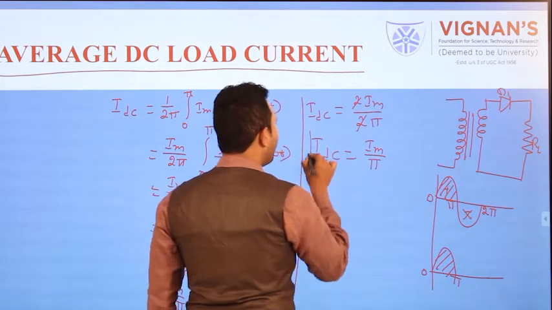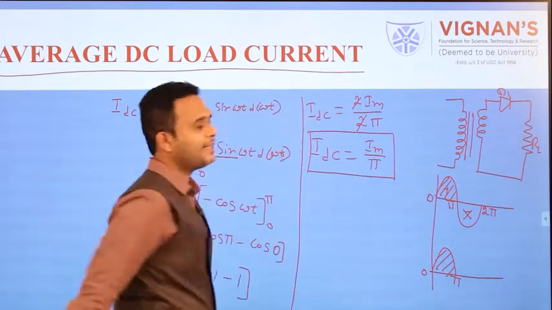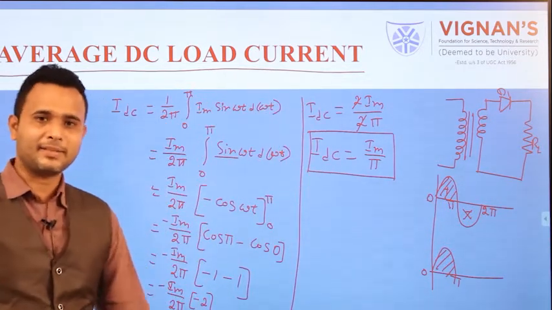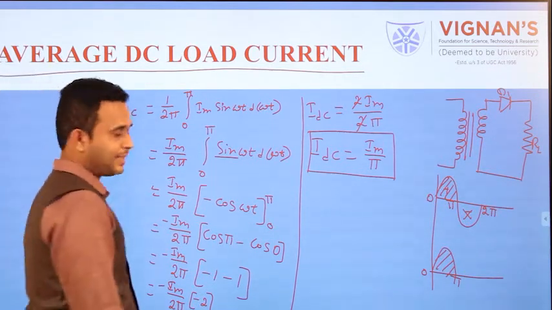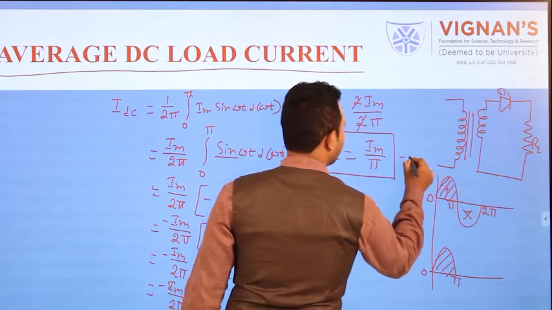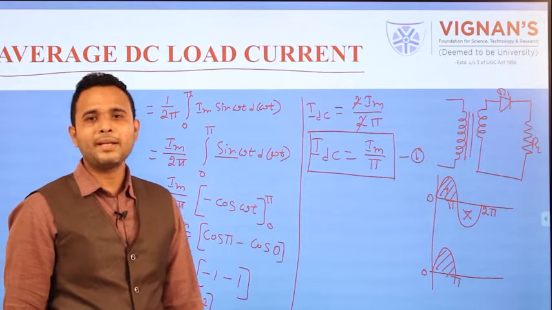This is the expression for the IDC. Note it down, this is the first expression, the average DC current: IDC equals Im by pi.